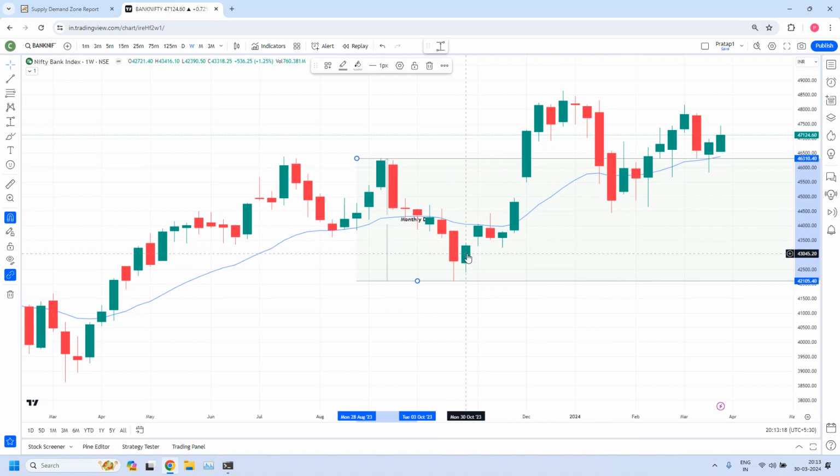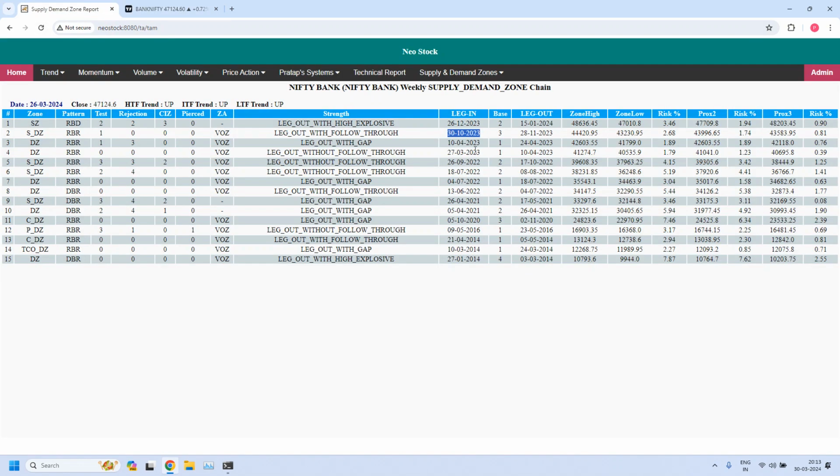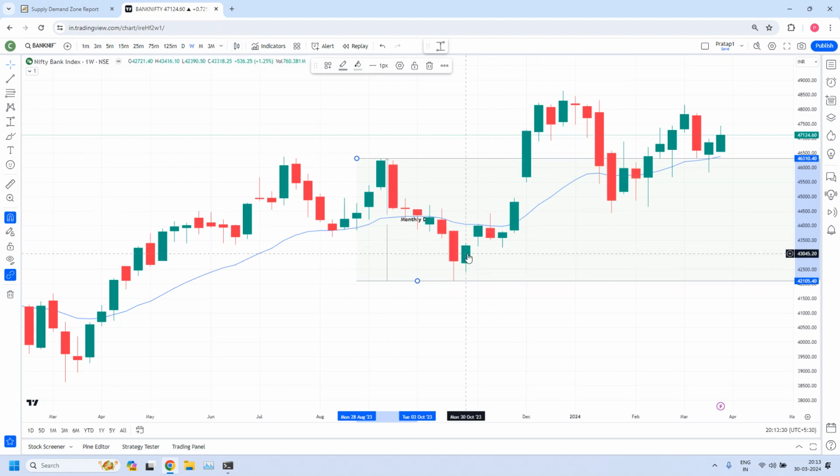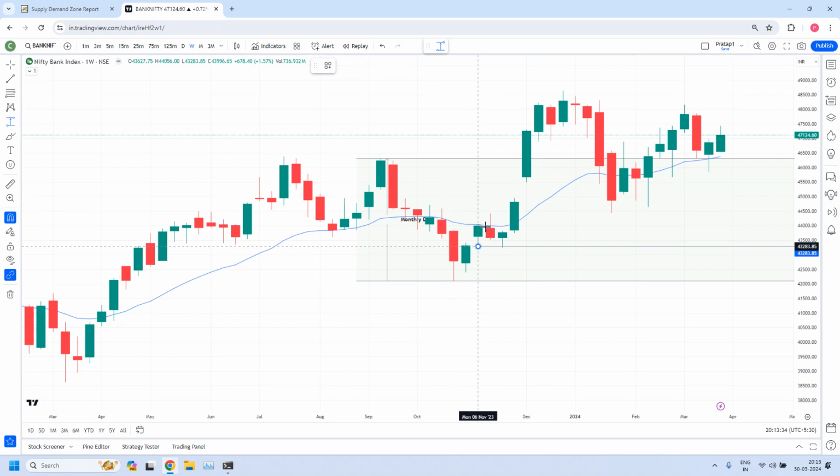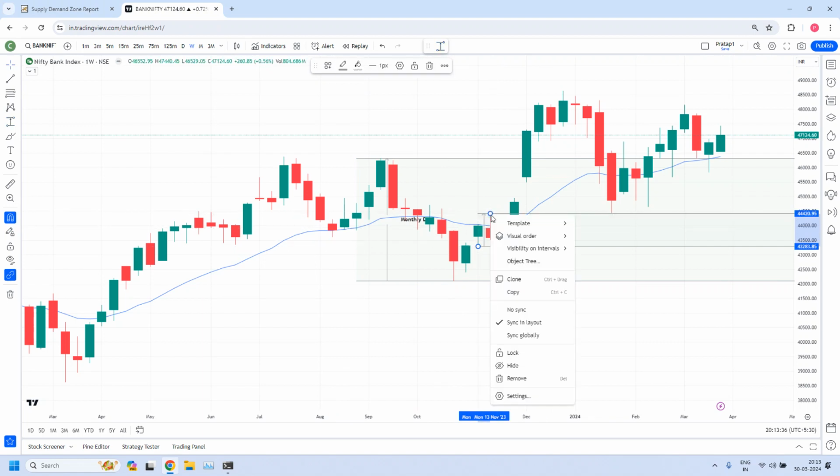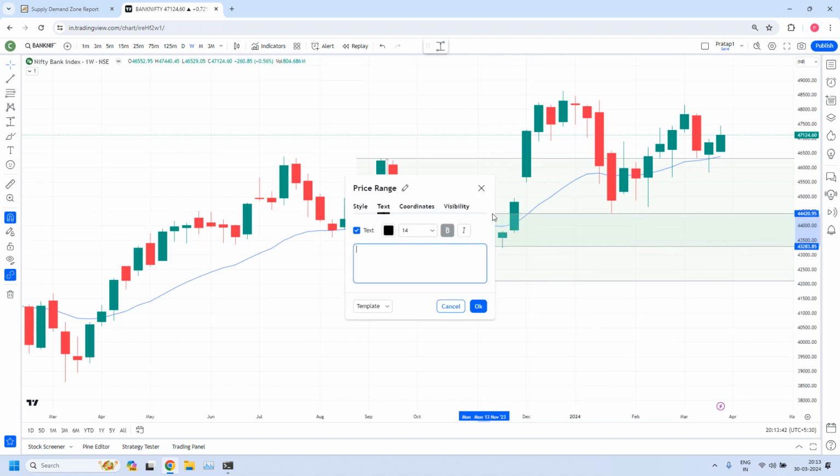So we have a leg candle. After that 3 base candles. Sorry, just a minute. Yeah, it is 30-10. This is a weekly demand zone. And moreover, it is a high liquidity demand zone, weekly demand zone.